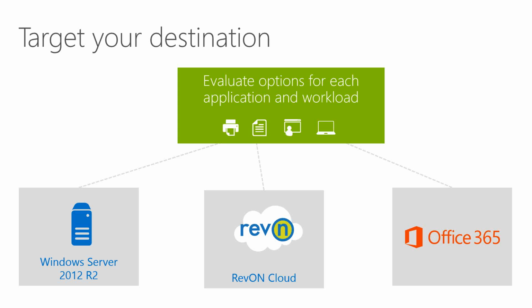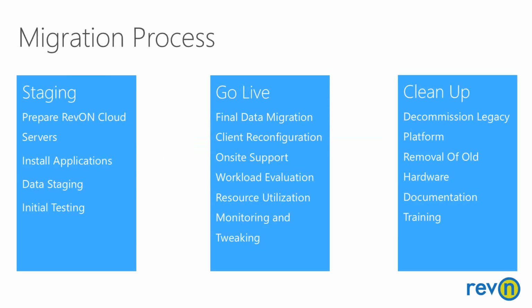Taking a deeper look at the migration process, the staging environment really is the back end. Really, the only interaction with yourselves would be the testing. Getting the stakeholders involved to perform testing to make sure everything functions as it should. And then actually doing the go live, the final data migration, on-site support to do the client reconfiguration, evaluating the workloads and the resource utilization to see if there's any tweaking that needs to be done.